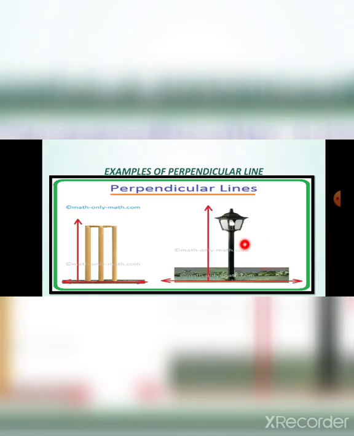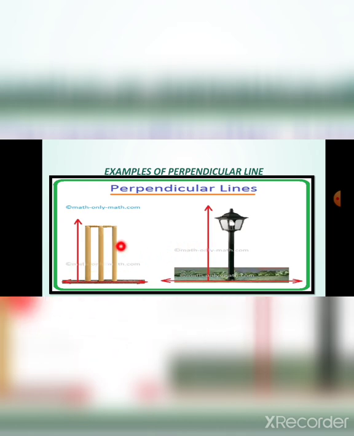Now see, the street light and the stump are examples of perpendicular lines. See, downwards they are taking the position of a sleeping position like this. They are standing on that land and then the stumps are in this position, means they are making a 90 degree angle.